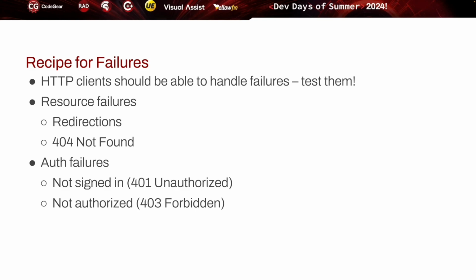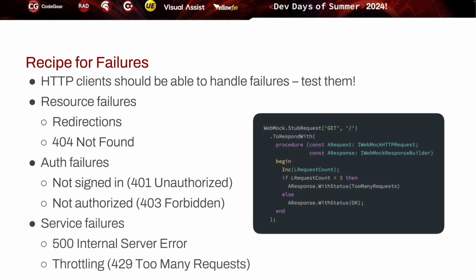You should consider authentication and authorization failures. So not signed in, 401 unauthorized, not authorized, 403 forbidden. And then you should consider service failures, 500 internal server errors, and throttling responses, which is 429 too many requests typically.